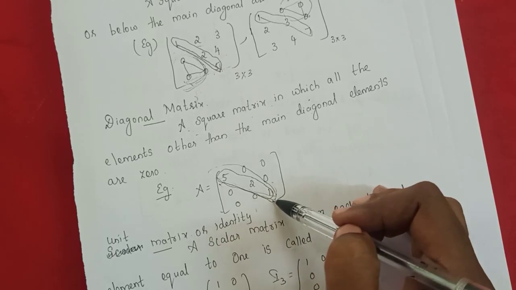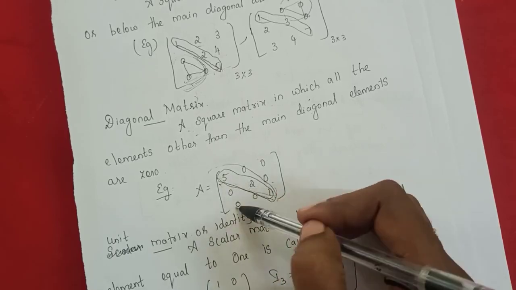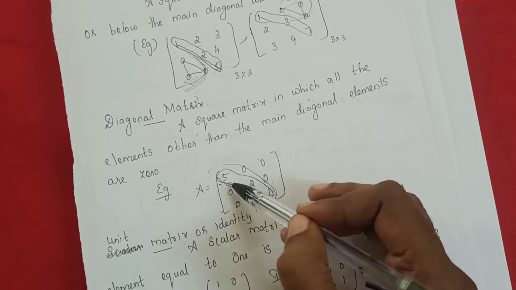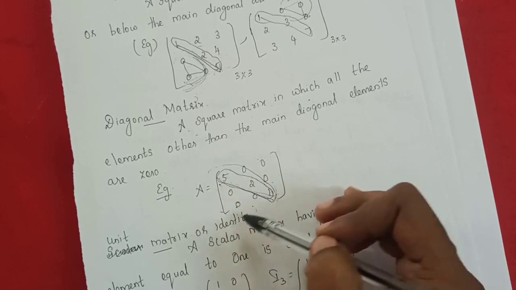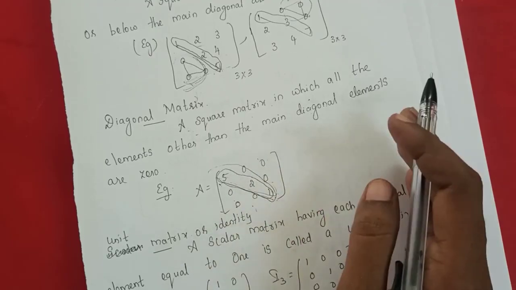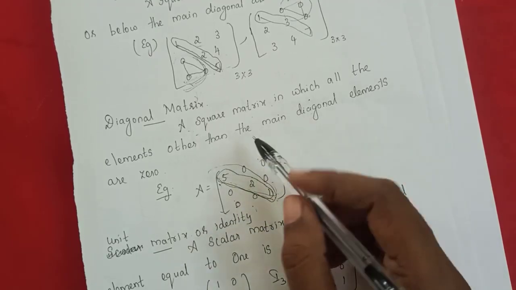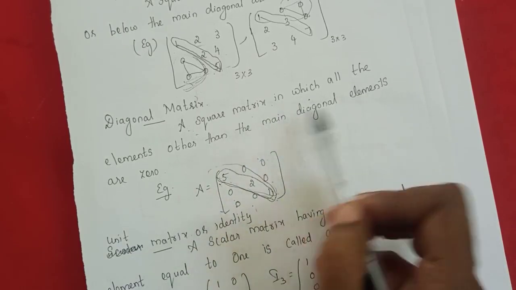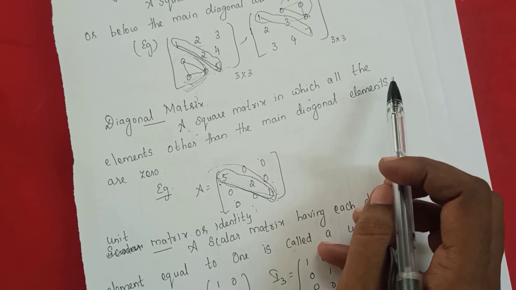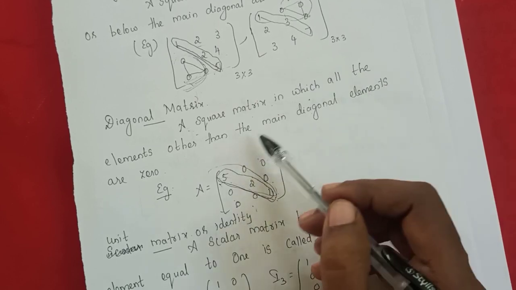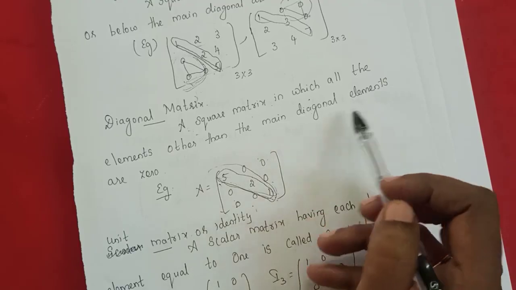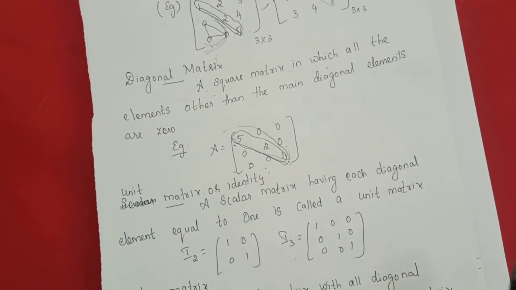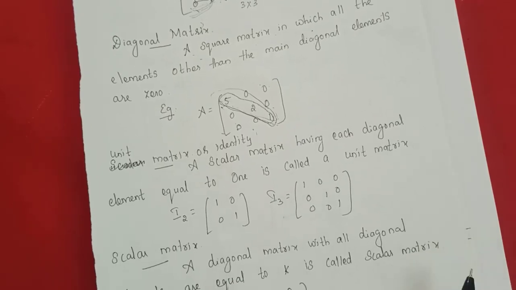So only on the main diagonal will there be some elements, all others are 0. See there, these are the diagonal elements. What are the diagonal elements? 5, 2, 1. Except these, all the elements are 0. Understand? A square matrix in which all the elements other than the main diagonal elements are 0. All of you understand?